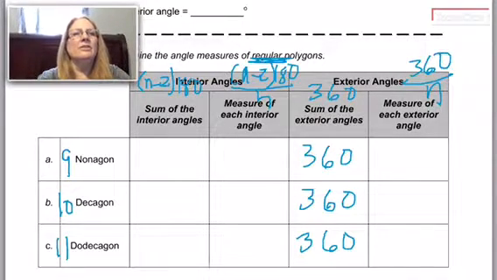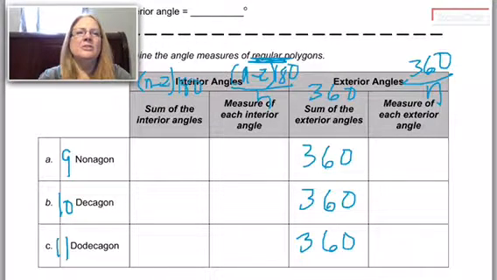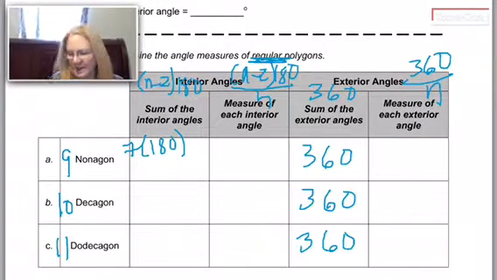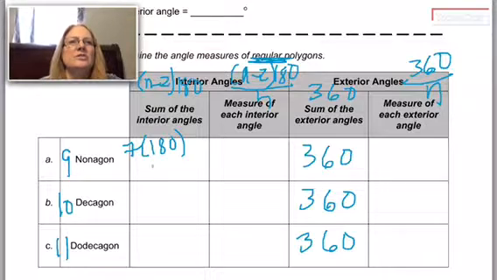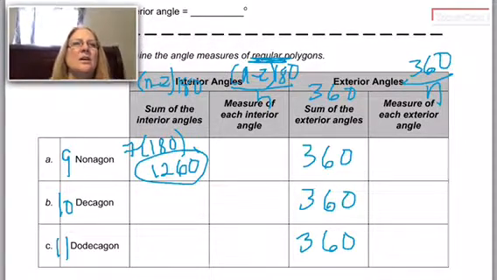Be careful here. This is n minus 2, so if it has 9 sides, make sure you don't multiply 9 times 180, a very common mistake. It is n minus 2, so it's 7 times 180. And 7 times 180 is 1260. So the sum of the interior angles of a polygon with 9 sides is 1260.